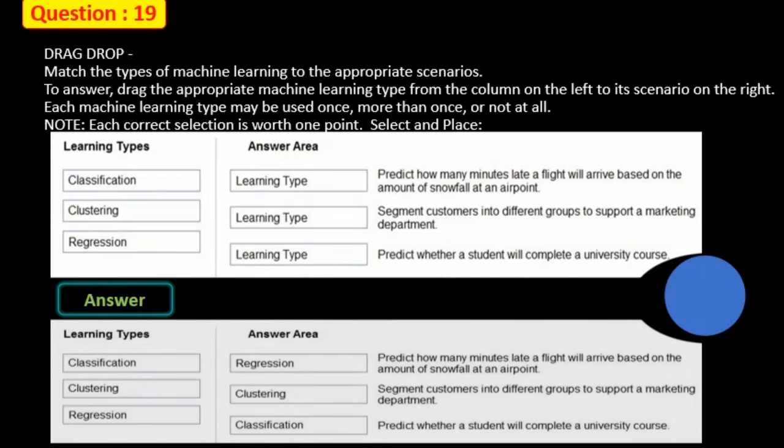The right selections are. 1. Predict how many minutes late a flight will arrive based on the amount of snowfall at an airport is regression. 2. Segment customers into different groups to support a marketing department is clustering. 3. Predict whether a student will complete a university course is classification.